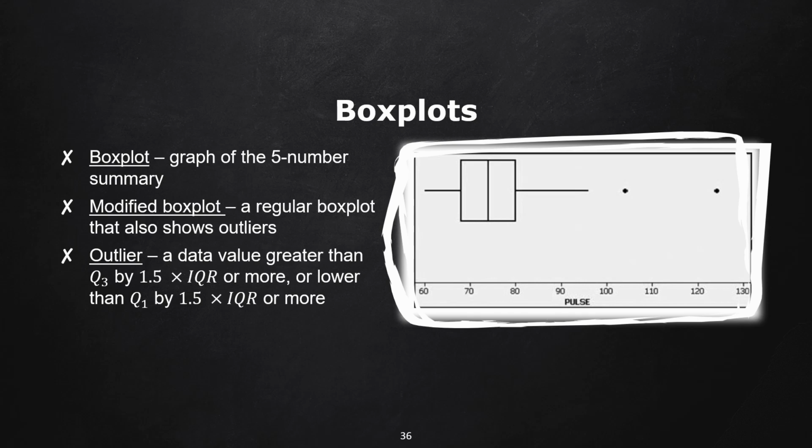So, an outlier by definition is a data value greater than Q3 by 1.5 times the IQR or more, or if it's lower than Q1 by 1.5 times the IQR or more. So in the picture there, we have a box plot, but those two dots are way above the third quartile by that amount, 1.5 times the IQR. So yeah, that's the box plots.